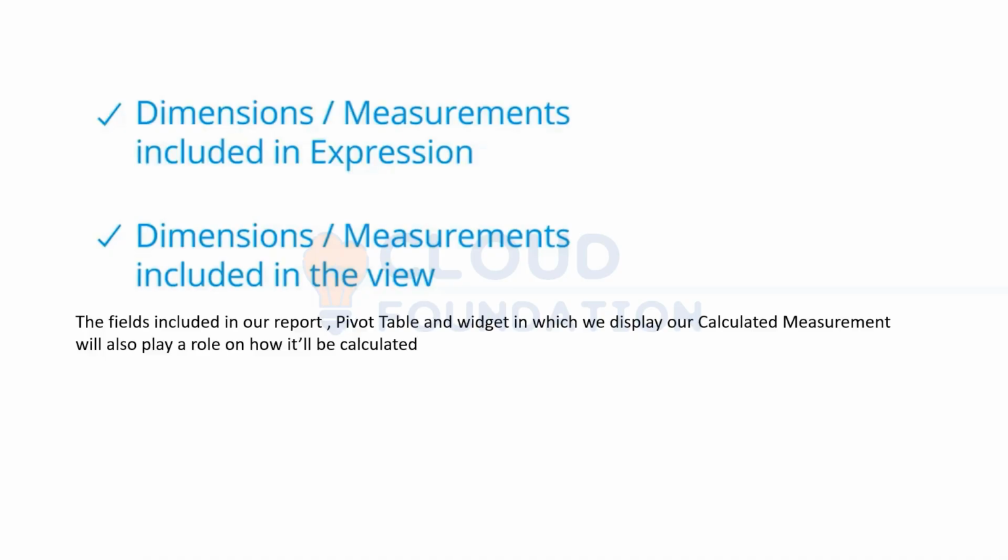If your pivot table has dimensions like site source, web analytics, site key, and measurements like visits and page views, and if you pull the calculated measurement called ROAS, which is based on media cost and revenue, definitely it will throw up a 0. Why? Because it doesn't get any of the related measurements that allow it to calculate.